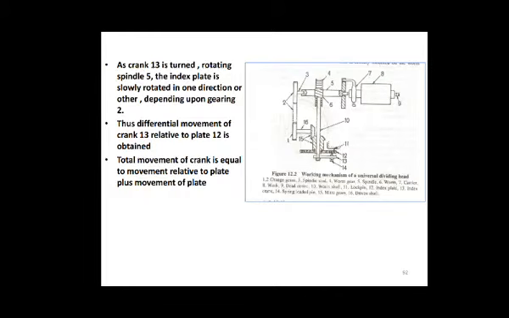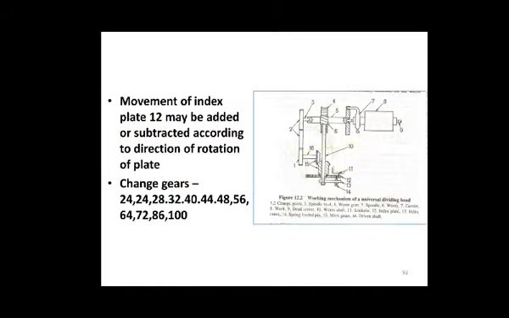Here this differential indexing is not that much important, that means the question will not be asked in the exam, but still we have seen it. Okay, let us see further.